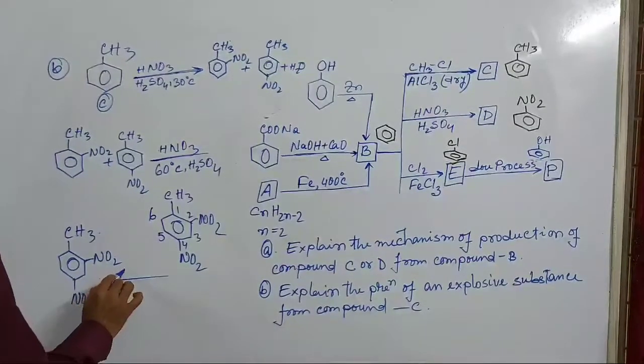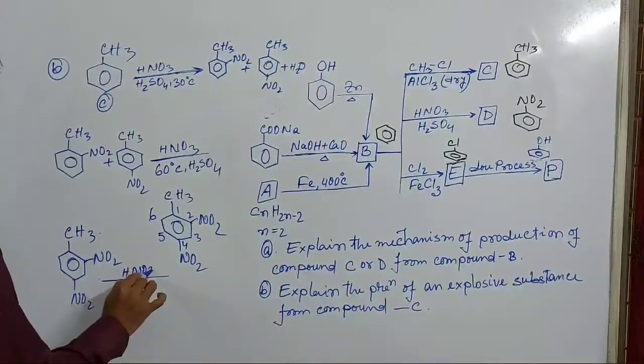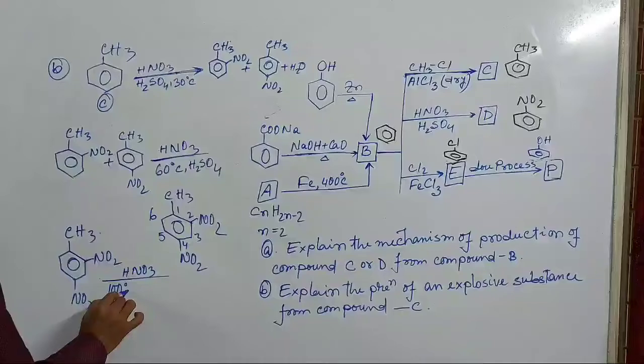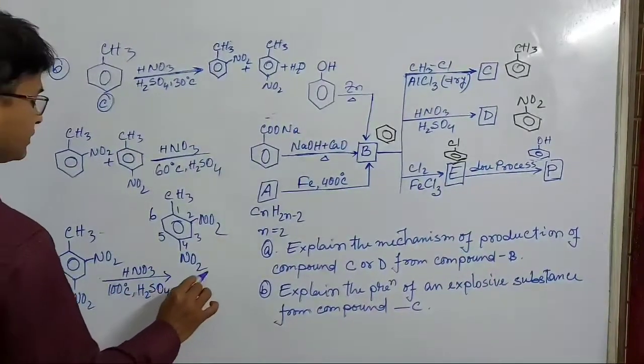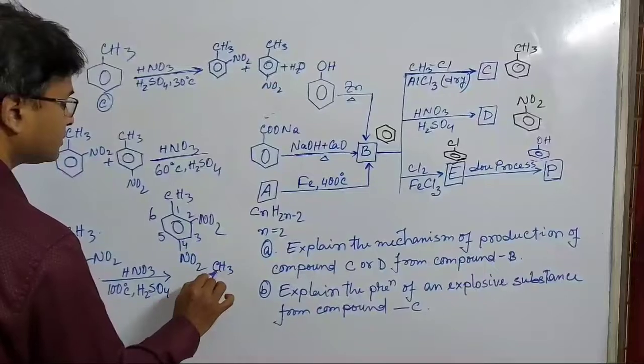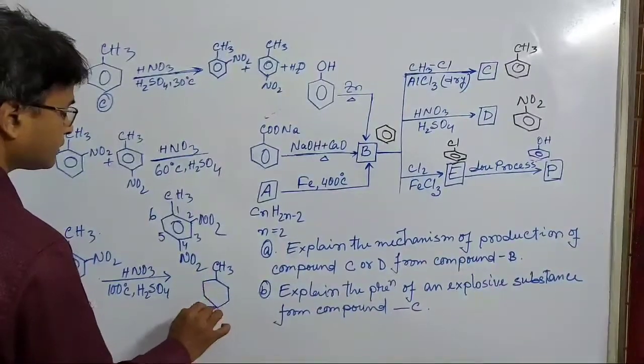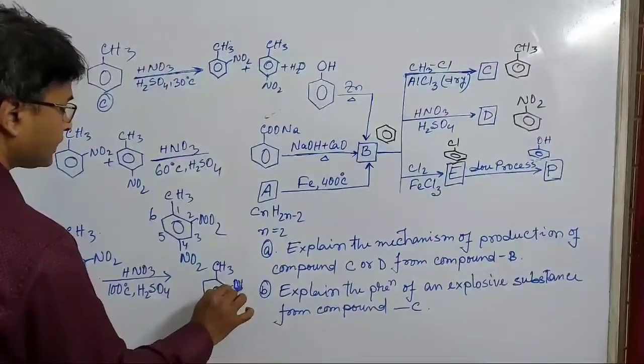Then 2,4 dinitrotoluene reacts with nitric acid at 100 degree centigrade temperature in the presence of sulfuric acid to produce 2,4,6 trinitrotoluene.